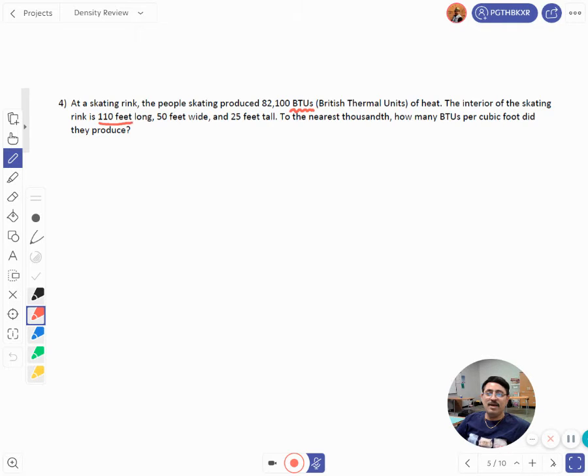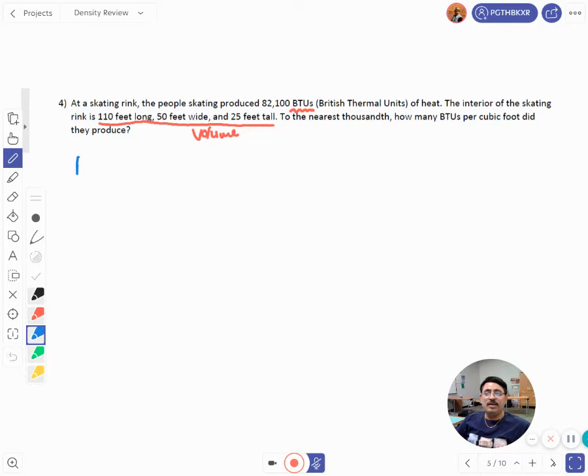So indirectly, this is giving us a hint to compute the volume, right? To the nearest thousands, how many BTUs per cubic foot did they produce? So again, this is something similar to the density question.